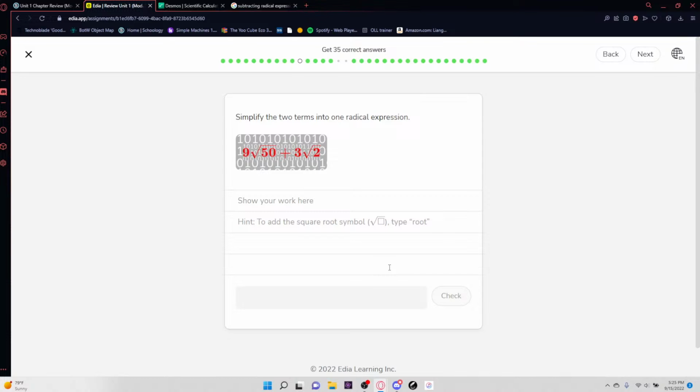So you have to make them like terms. So 45 to the second plus 3 to the second, that would be 48 to the square root of 2.